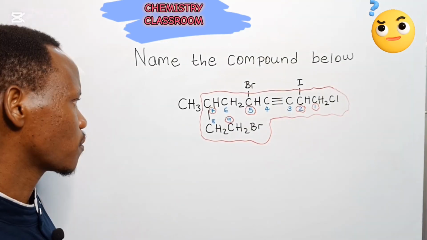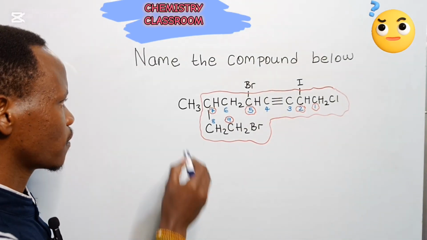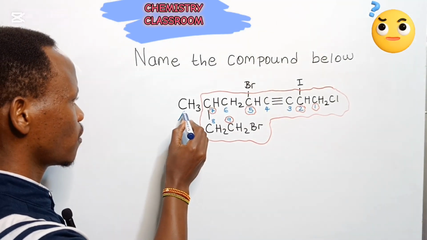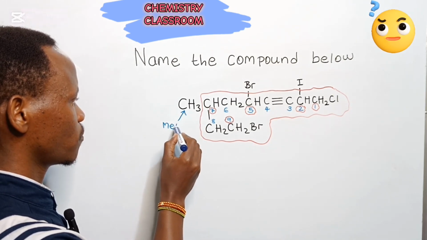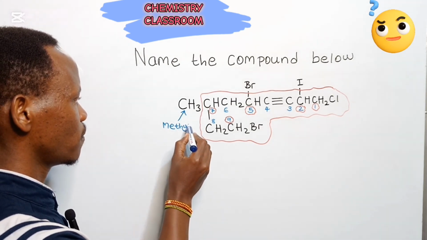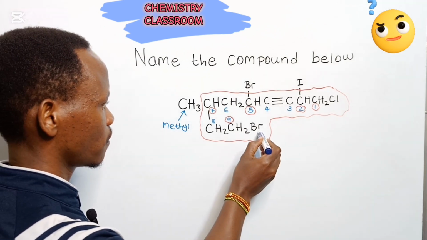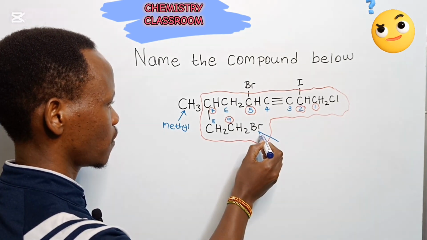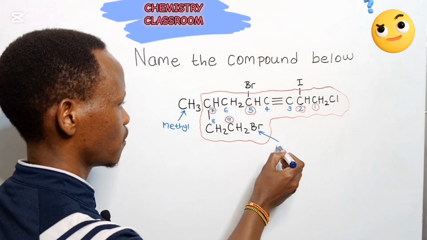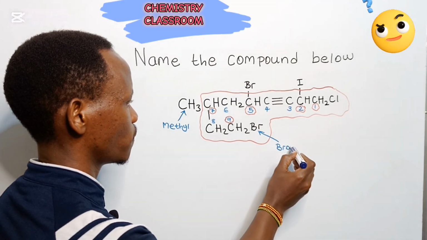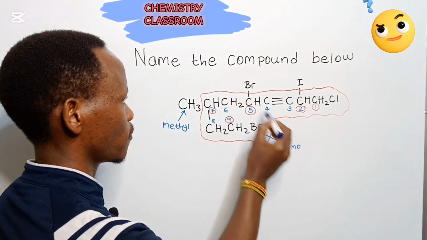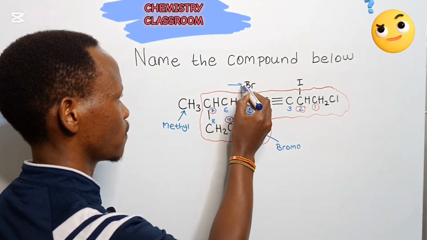It is also important for us to notice that we have this one as a substituent, which we called methyl, and then this group 7A substituent, which we simply called bromo, and so is this.